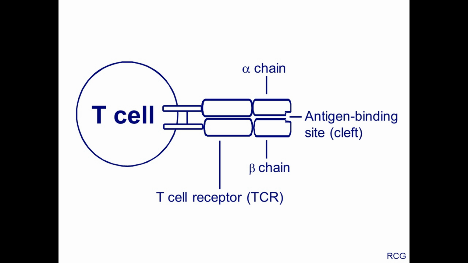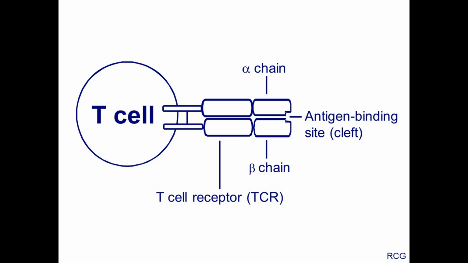These MHC proteins are present on the surface of all the cells, and they are unique to each individual. So when the foreign antigen is combined with a self MHC protein, this complex is recognized and bound by a particular T cell receptor which is present on some T cell.